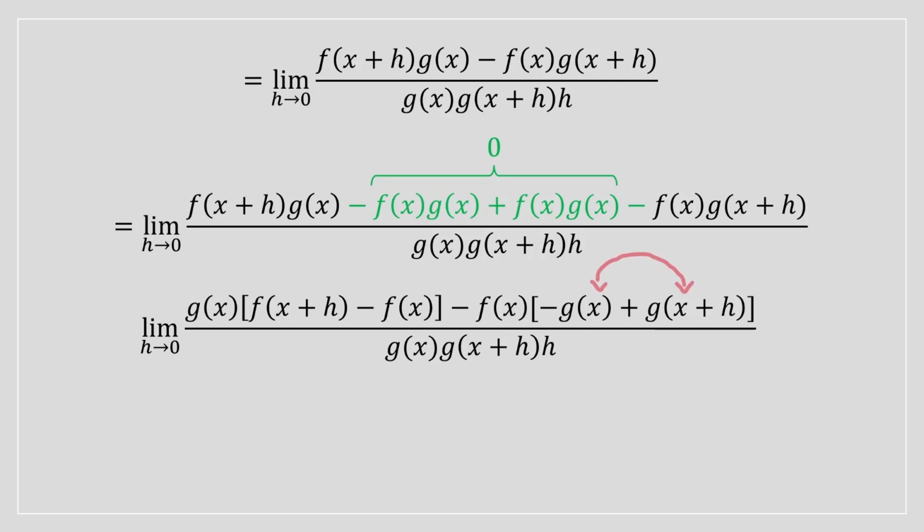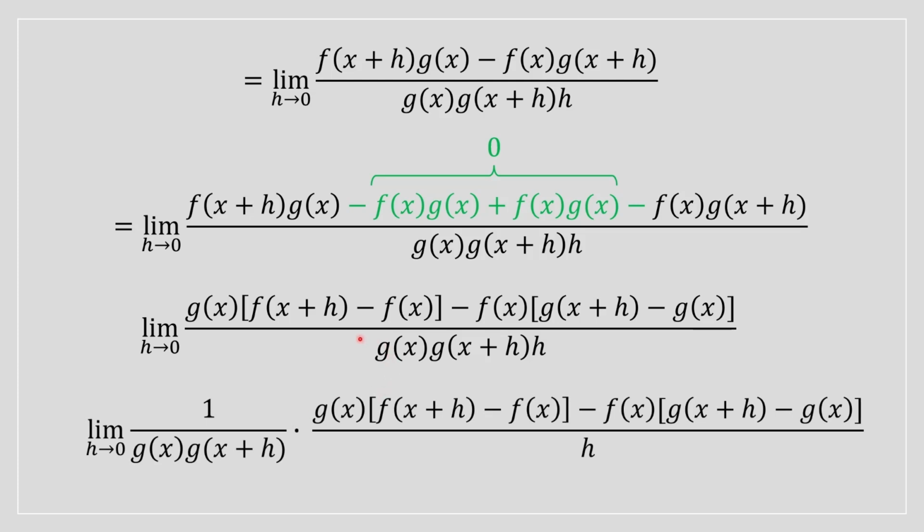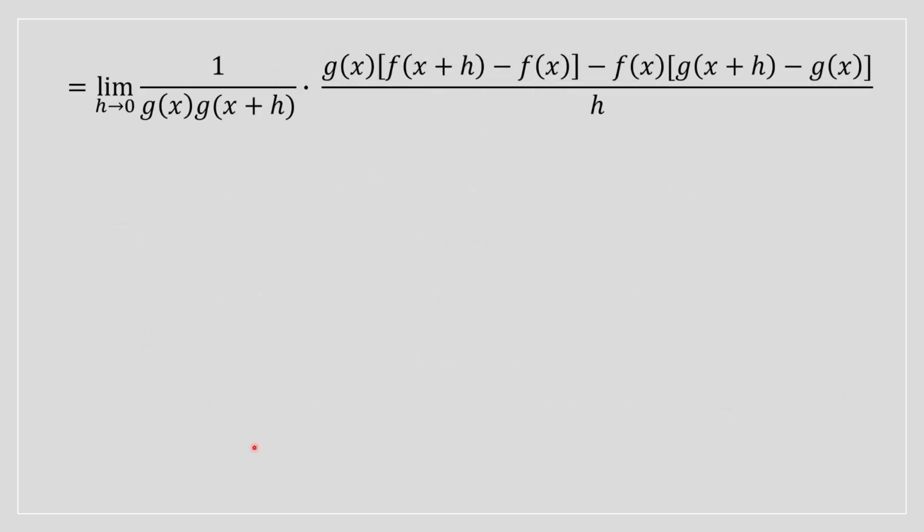Once we do that, over here we can rewrite it the opposite way, because it's equivalent. From here, we can factor out the g of x, g of x plus h term in the denominator, and apply the limit definition to this portion right over here.